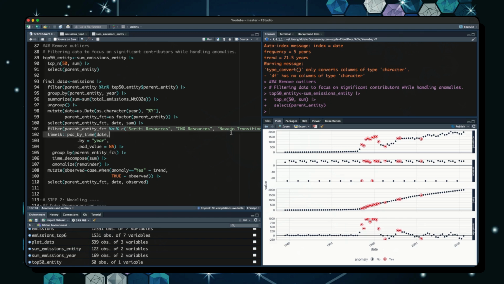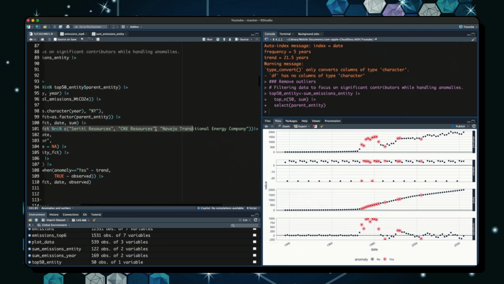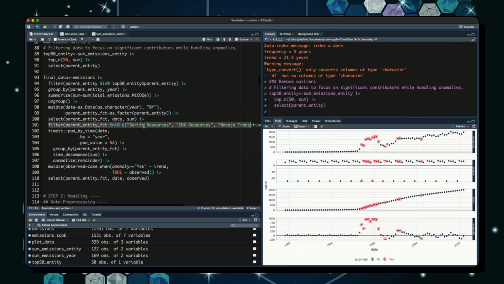Here, if you look closely, you saw that I removed some of the parent entities. I did that because further down in the analysis, those were some problematic entities in the dataset.